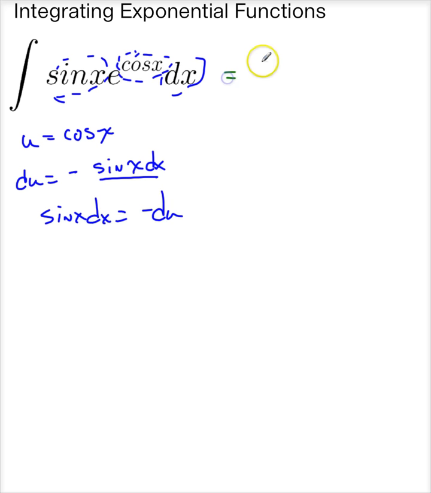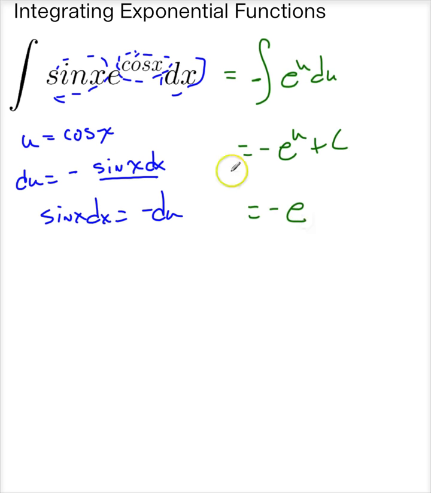So when I plug this back in, this becomes the integral of e to the u du times minus 1, so I'm going to put that negative out here. So this is minus e to the u plus c, minus e to the cosine of x.